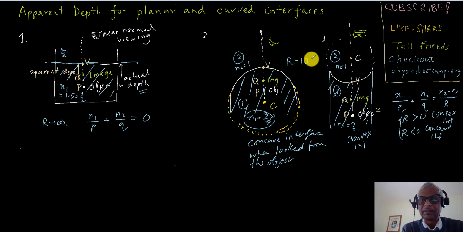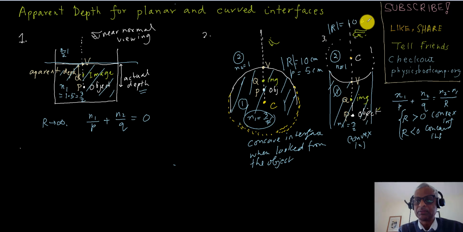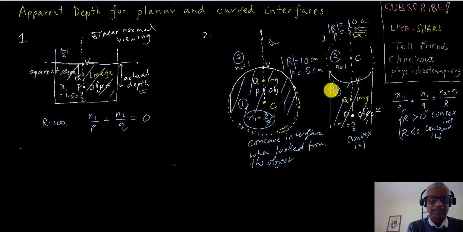Let's say r is 10 centimeters, and p equals 5 centimeters. And the same here. This is absolute R; absolute R is 10 centimeters. We don't worry about the sign at this point. And p equals 5 centimeters. In all of these cases, we're going to do the same thing.